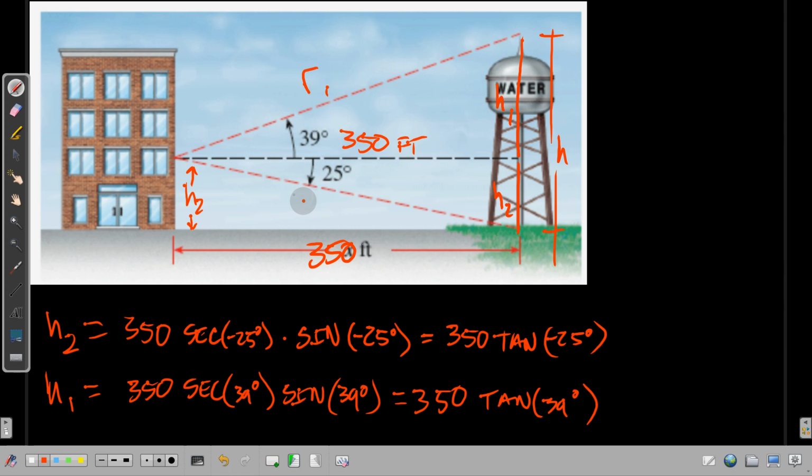Going back to this being R1 and R2, looking at the triangle on top, R1 tangent 39 degrees would be H1 over 350.